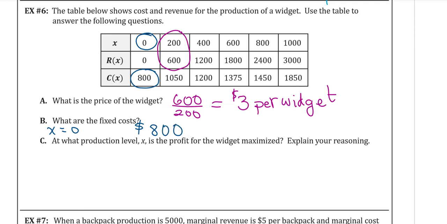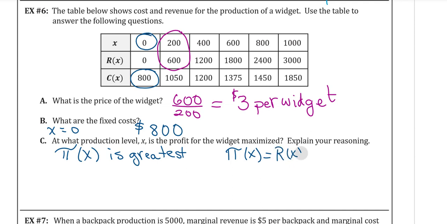Next, at what production level X is the profit of the widget maximized? Explain your reasoning. We're looking for where our profit function, which is pi of X, is greatest. We find it where there's the biggest difference, because remember, pi of X is found by taking our revenue and subtracting off our costs.